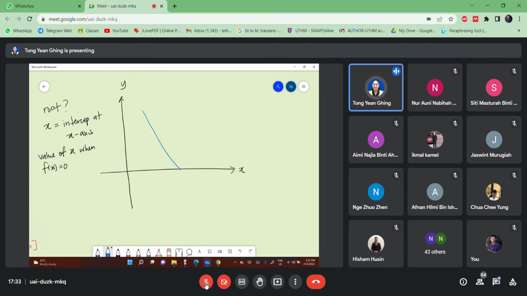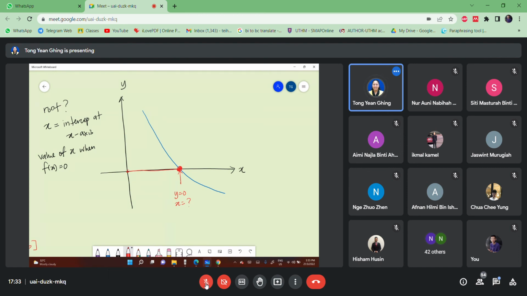Let's say we have a graph like this. From this graph, the root is here. At this point, y is 0, right? At this value, y is 0. x is some value, we don't know. Can you understand here?